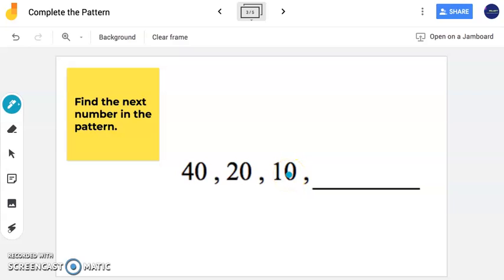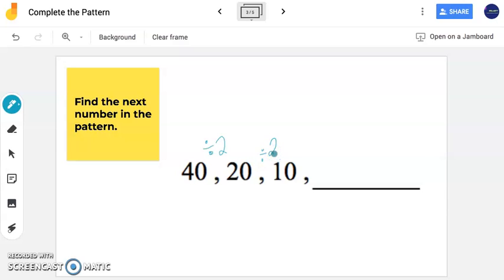So subtracting by 20 cannot be my rule here, because whatever the rule is, I need to do for each set. So now let's try 40 divided by something is 20. And in fact, 40 divided by 2 is 20. And let's see if that works here. 40 divided by 2 is 10.